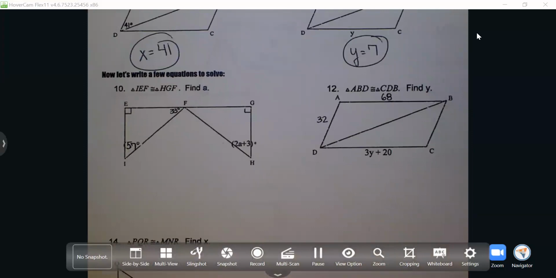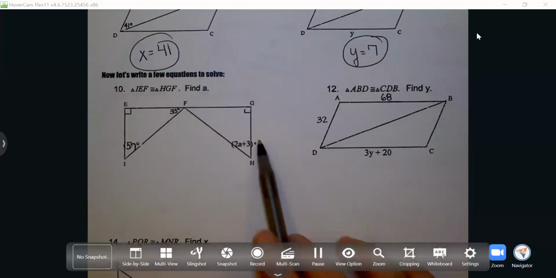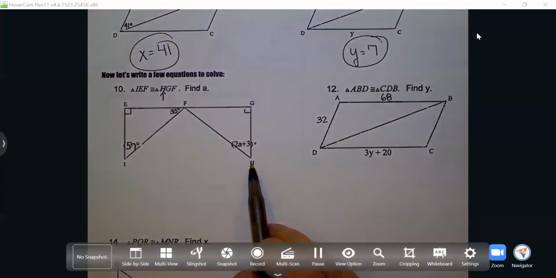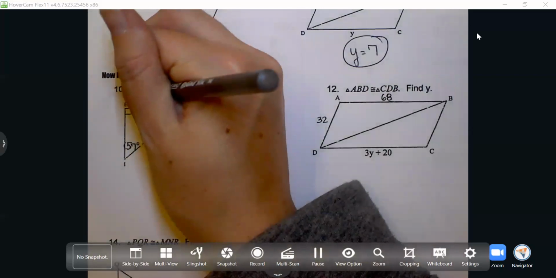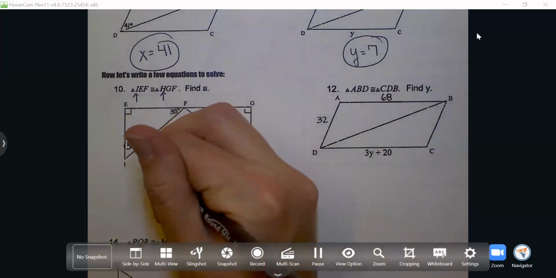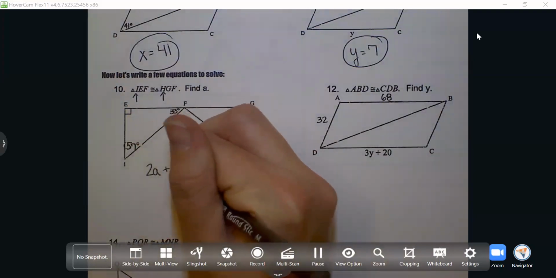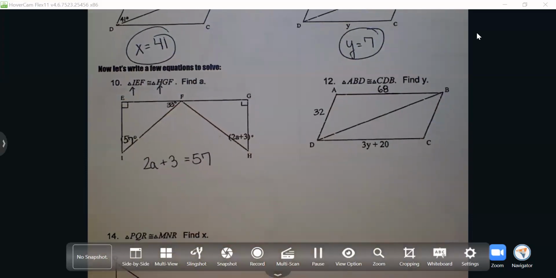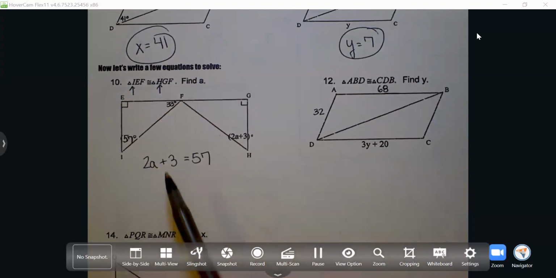Last one, we're going to do some little bit of equations here. Angle H is my first letter in this triangle. It's going to be congruent to my first letter in that triangle. So angle I, which is 57. So I'm going to write an equation where I have 2A plus 3 equals 57. And we're going to solve that equation. I want to get A by itself.